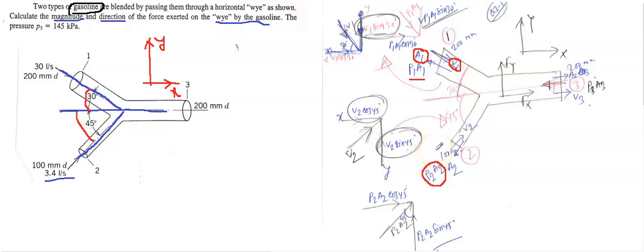Now the velocity is v3 here, the area is a3, and the pressure force is p3 a3. We say this is the x direction, this is the y direction. The gasoline is coming through this inlet and this inlet, and they are meeting here.